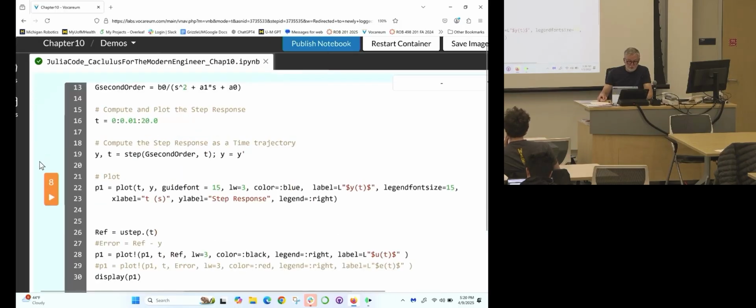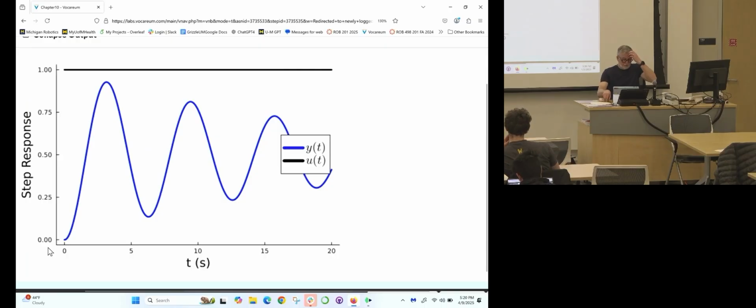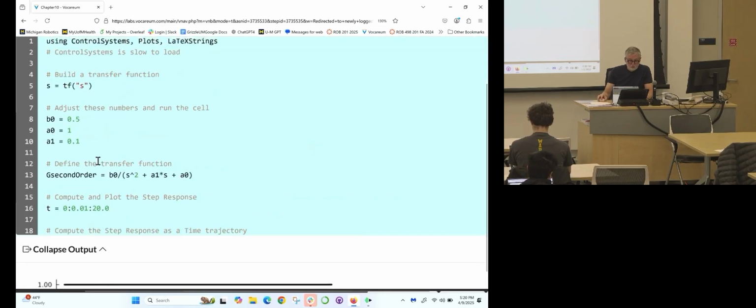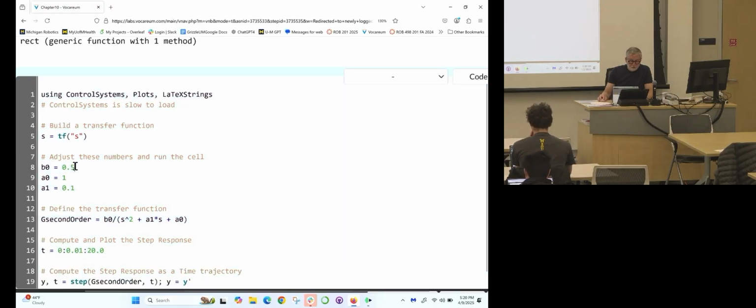Do problem 3 again, but this time set the settling time to 3 seconds. So TS is 3 seconds, and the damping ratio equal to 0.7. So go in here, figure out that this one is omega n squared, this is 2 zeta omega n, adjust B0 so that it's equal to omega n squared.